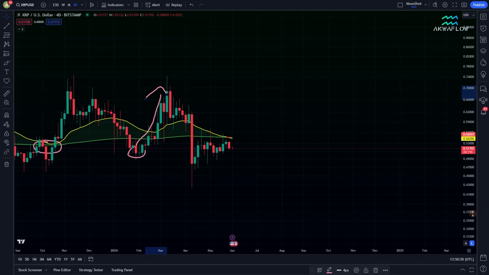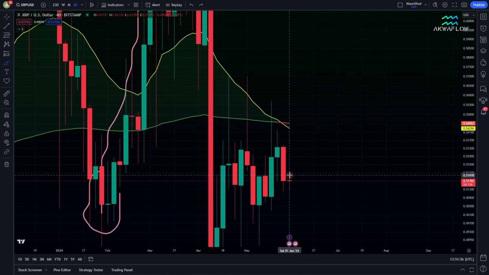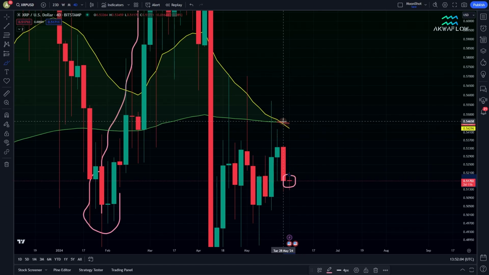And right now, the situation is pretty dangerous. As you can see, if XRP stays here, by Wednesday, the 5th of June, XRP will officially be in a bear market according to this indicator. Indeed, we have a cross of the yellow line below the green line with this candle, right?